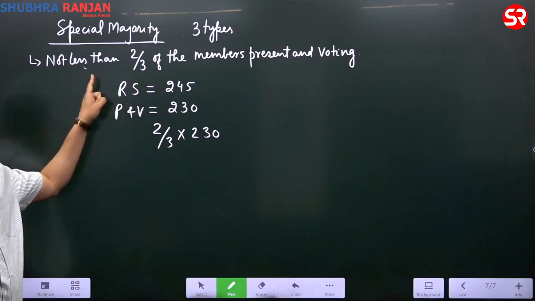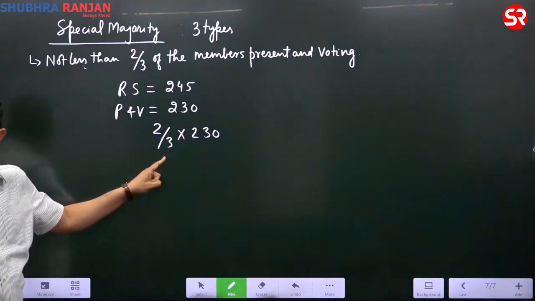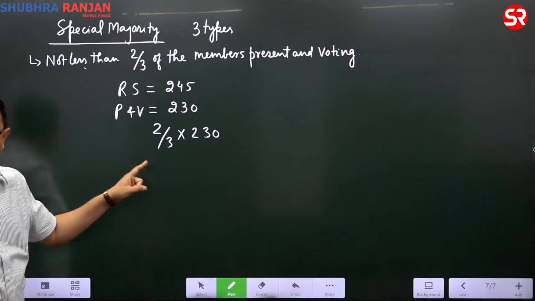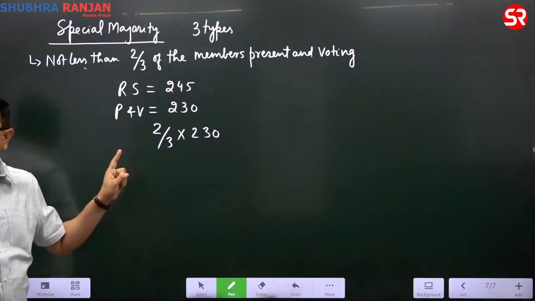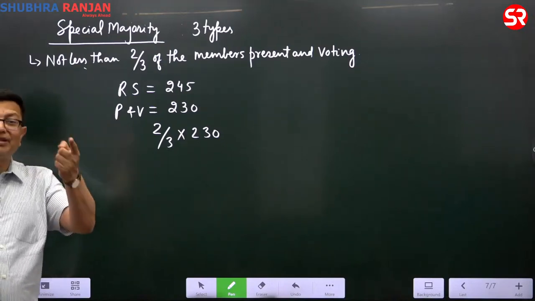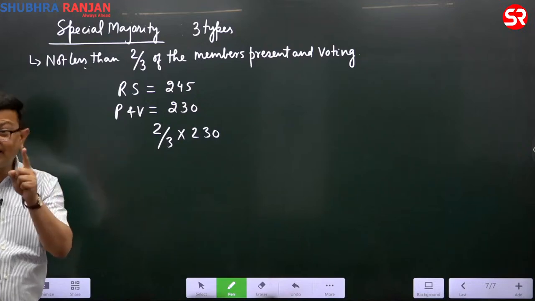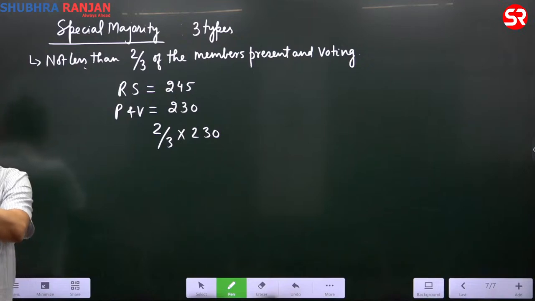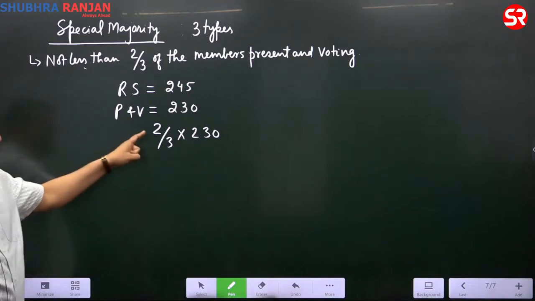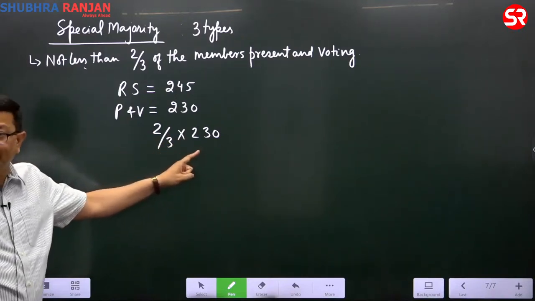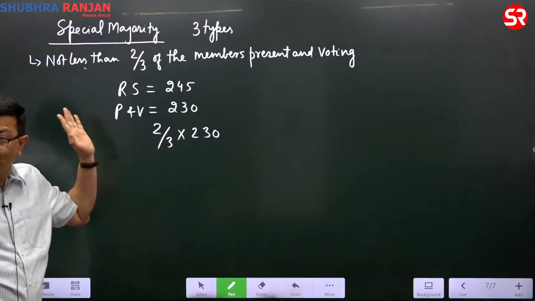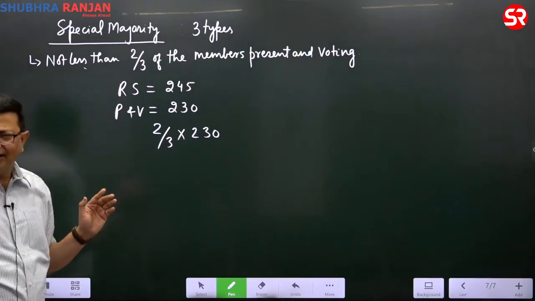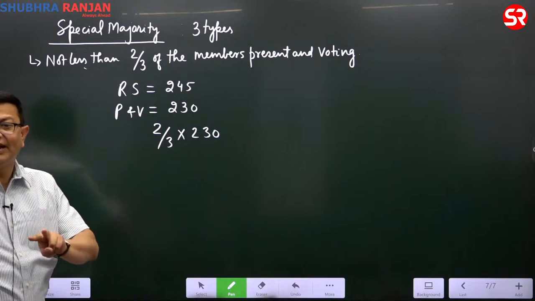Not less than means even two-thirds will do. In a simple majority, it was more than 50%, that is why we had written +1. Here, it is not less than two-thirds, so two-thirds of 230 will do. This majority is required specifically at two places.